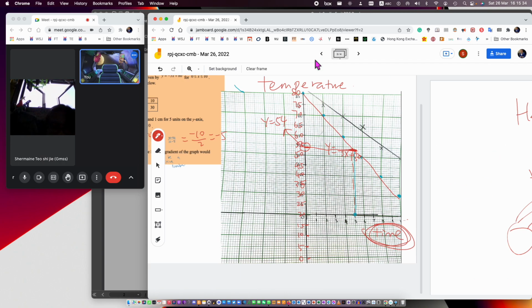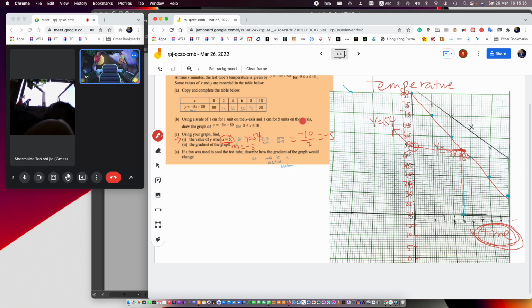So let me go to slide 3. Are you at slide 3 now? Yeah. Okay, good. So let me just tidy up here a little bit. This was the normal graph, no fan. If you have the fan, room temperature is 30 according to this question.